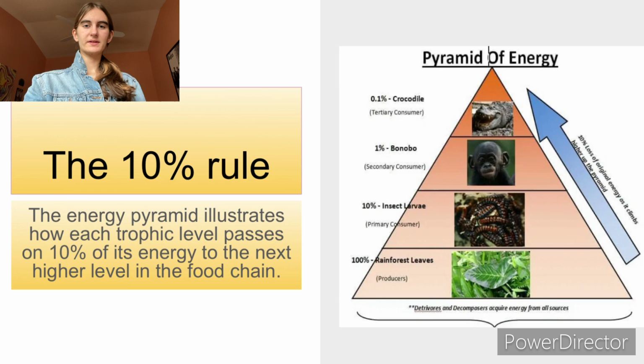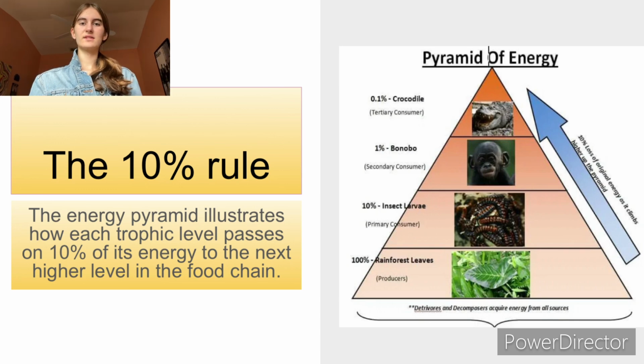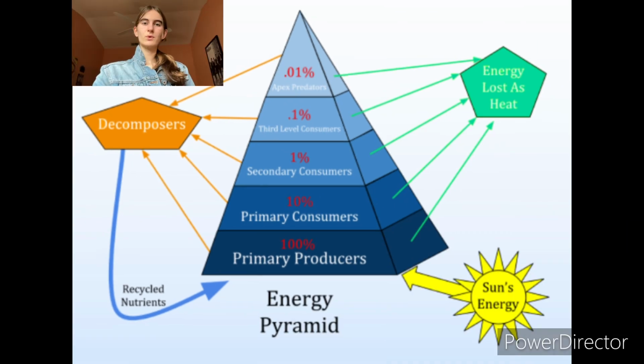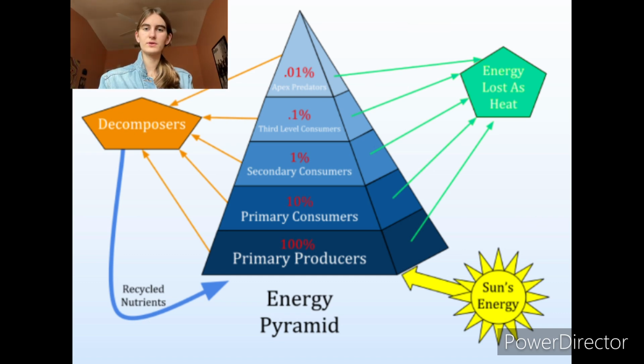The energy pyramid does not just show the trophic levels. It illustrates how each trophic level passes 10% of its energy into the next higher level of the food chain. But what exactly is the last part of the energy pyramid cycle? We all know that the producers absorb the sun's energy to create nutrients, which they pass on to each trophic level until it hits the top predator.